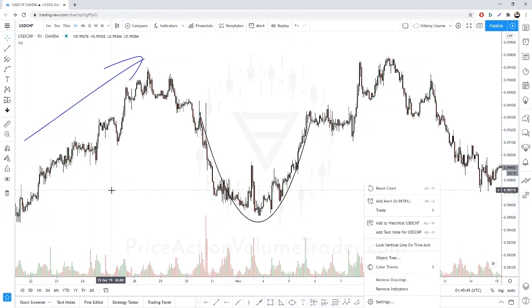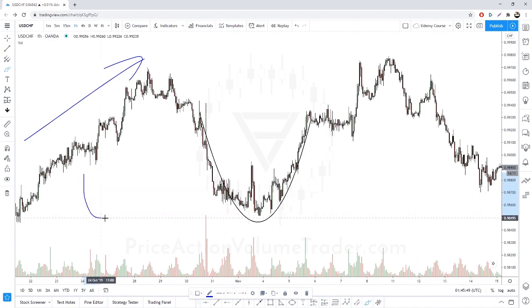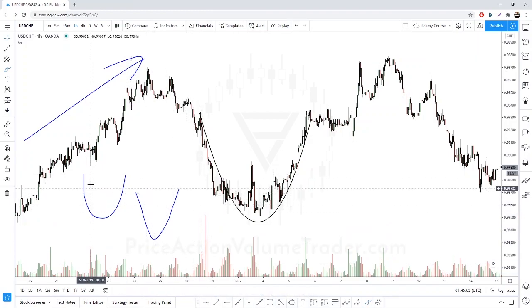The cup can be a very nice rounded cup, but sometimes we get more of what people call V-shaped reversals, which indicates price sells and comes back very quickly. That's also a very bullish pattern. So either one of these works: it can be rounded or more of a V shape. And then here we have some price consolidation.